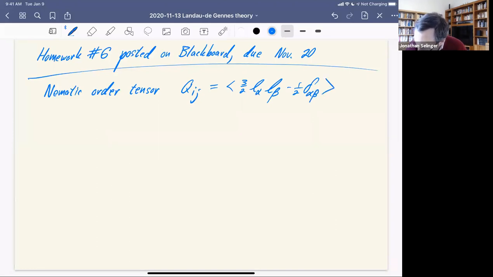Whoops, my indices don't match. Okay, I'll call it Q alpha beta. Much better.